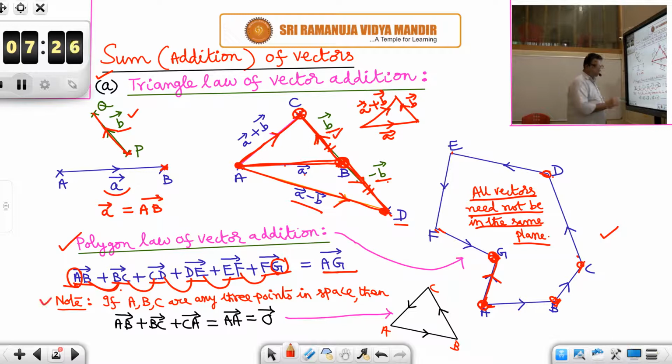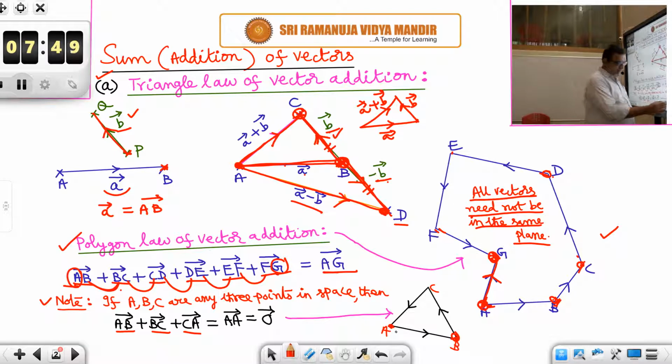Now, I have written a note. If A, B, C are any 3 points in space, I have drawn a diagram, then AB bar plus BC bar plus CA bar is equal to what? See in the diagram, AB bar means from A we have gone to B. We can consider it as a displacement vector.